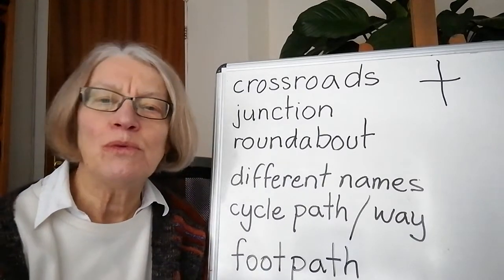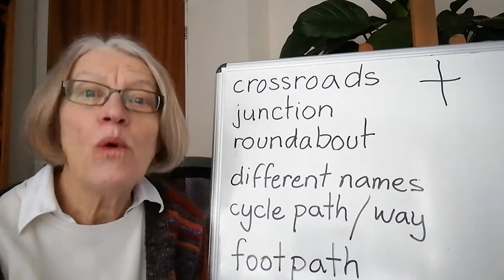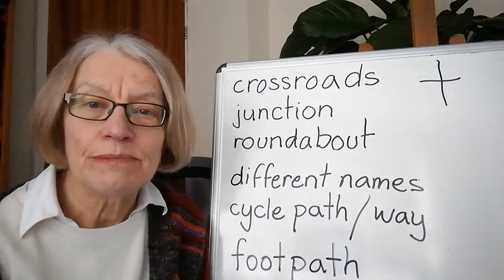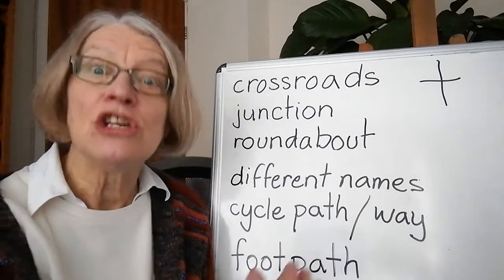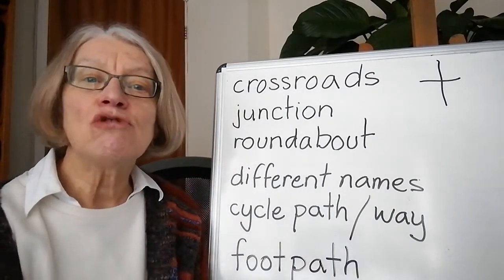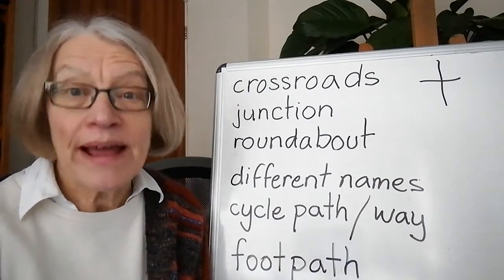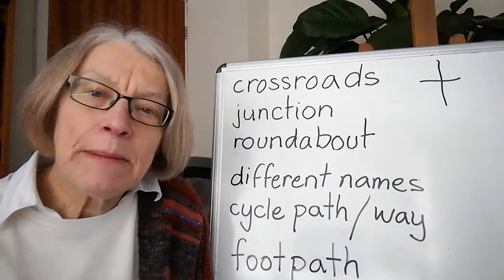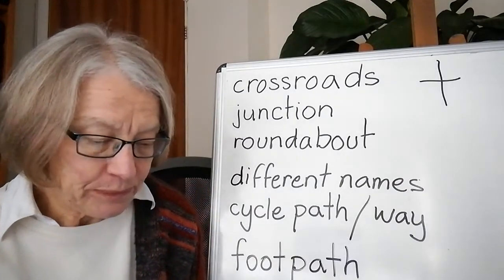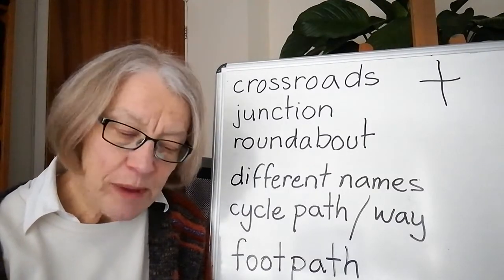Now, a lot of you will know that you may live in somewhere called Wednesfield Road, or Wolverhampton Road, or London Road. And road is the name of the place where you live. We can also have the name street. But we can also have some other things.